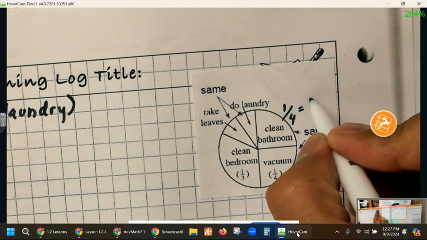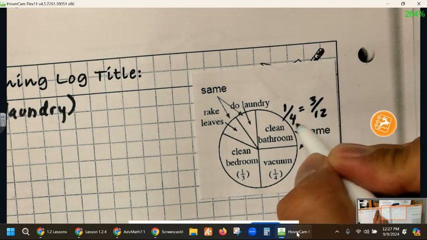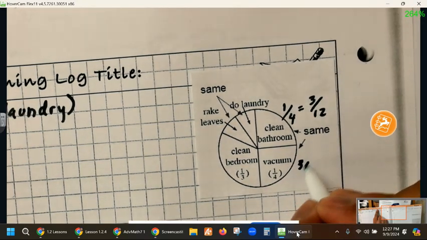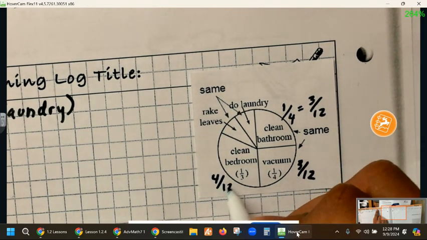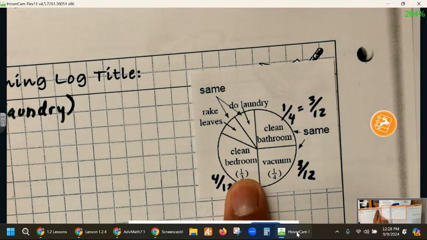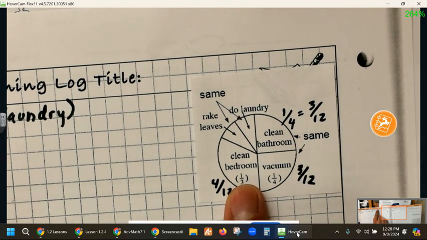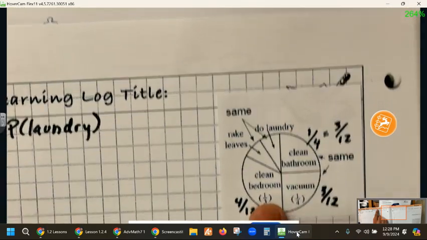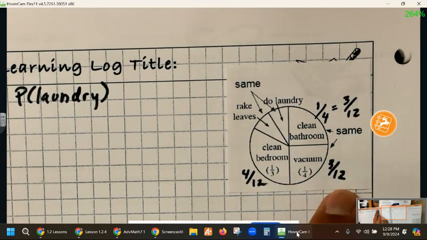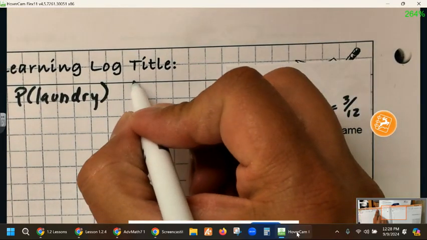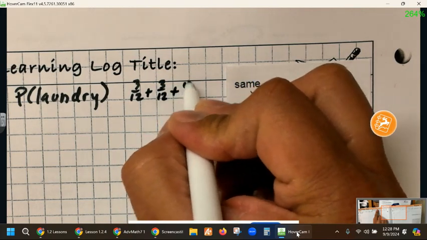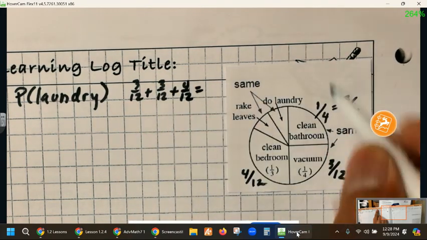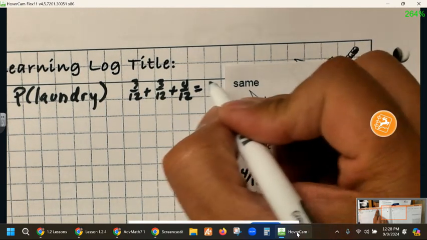So this would be 3/12 probability to clean the bathroom, 3/12 probability to vacuum, and 4/12 probability to clean the bedroom. Okay, so once we find that out, we now have numbers that we can add. So we have 3/12 plus 3/12 plus 4/12, and that will give us 10/12.